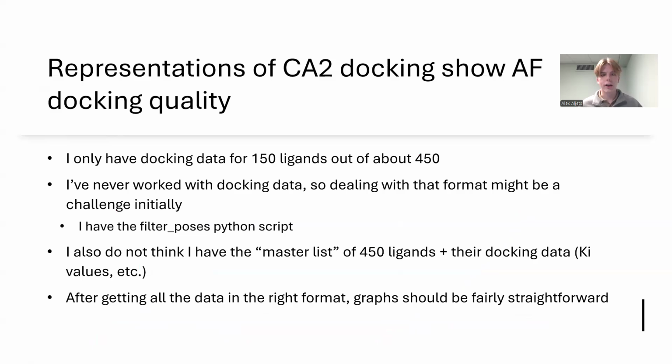I know exactly where the docking data is for 150 ligands out of the 450. I'm not sure where the others are. That's just talking to Theo and getting everything under control. I haven't worked with docking formatted data, so it could be a challenge initially.